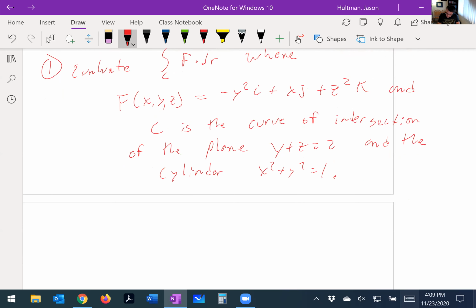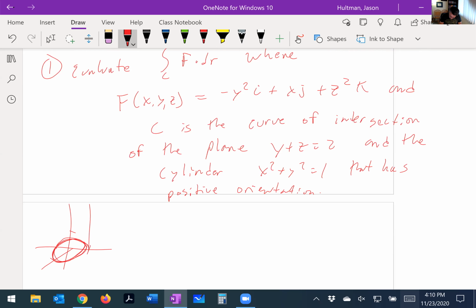We'll say that C is the curve that has positive orientation. So we have this unit cylinder.